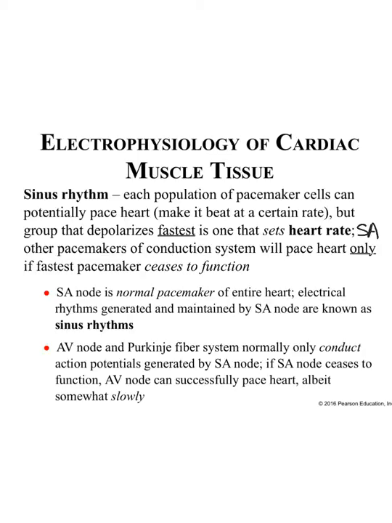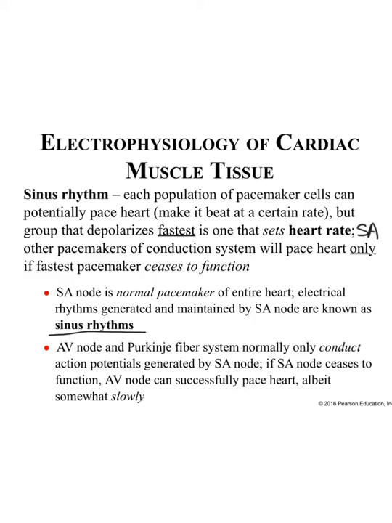So the SA node is known for generating the normal sinus rhythm that we have. If something is damaged, the AV node or Purkinje fibers can basically become pacemaker cells that can generate an action potential.